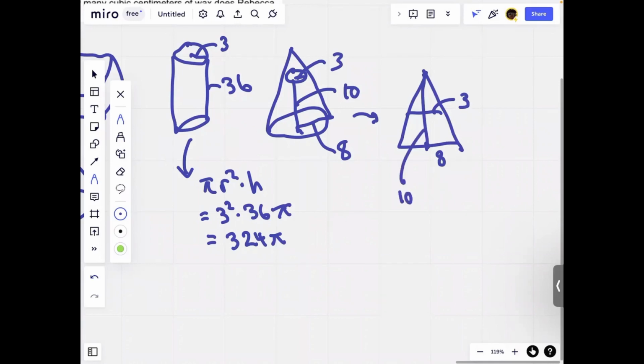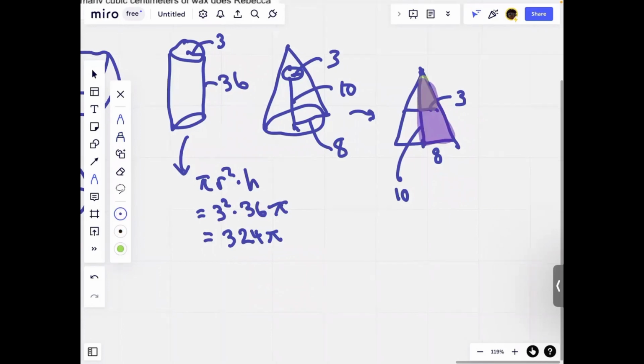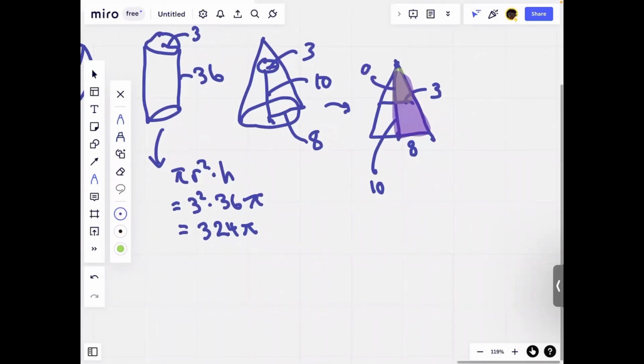By similar triangles, this triangle is similar to this triangle. If we let this length be A, then 3 over 8 is equal to A over A plus 10. And this makes A equal to 6.